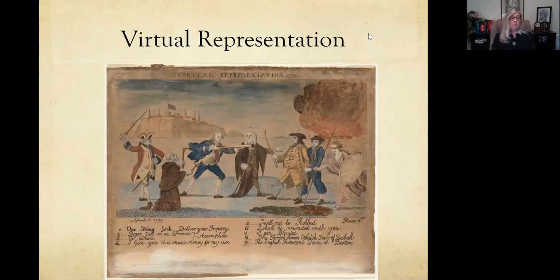Okay, when they start complaining about it, the British government is saying, wait a minute, because Benjamin Franklin goes over to England, tries to smooth things over. Benjamin Franklin, ever the diplomat here, trying to negotiate. He goes to England and says, look, we're upset because we don't have any representation in Parliament where the taxes are being created.